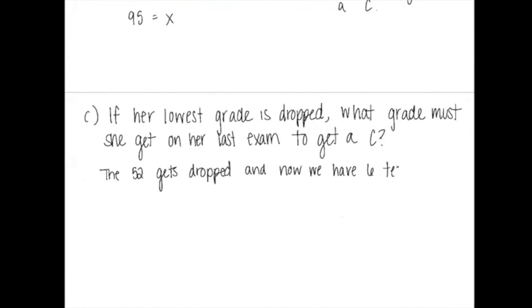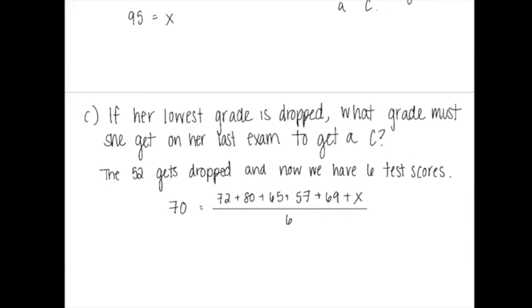Or 6 test scores. Okay. So you still need a 70 as your average, but you no longer need that 52. So you have a 72, an 80, a 65, a 57, a 69, and then our last exam of an x. And instead of dealing with 7 tests, you have 6, so we divide by 6 instead to find the average.